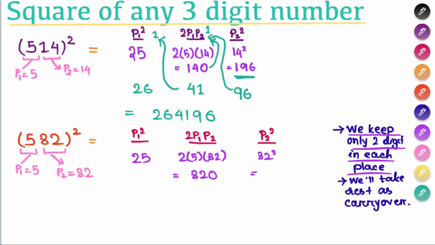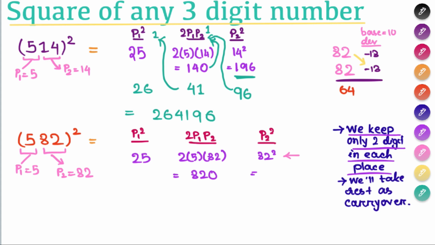Now this is where we have to use what we have studied till now. So to find 82 square, we took base as 100 and the deviation was minus 18. Then we performed this, we got 82 minus 18 as 64.